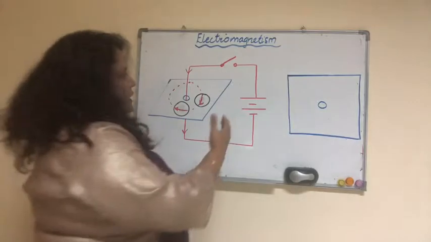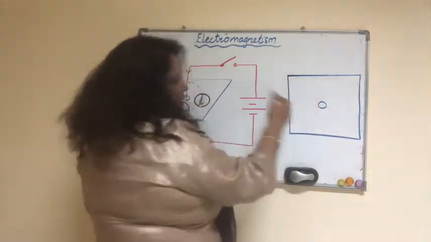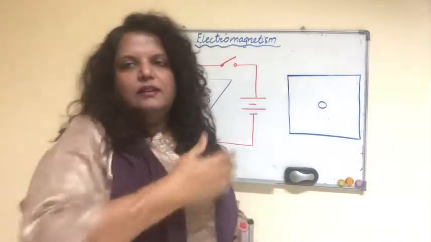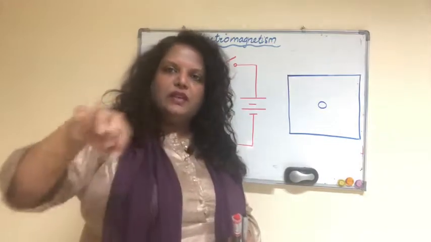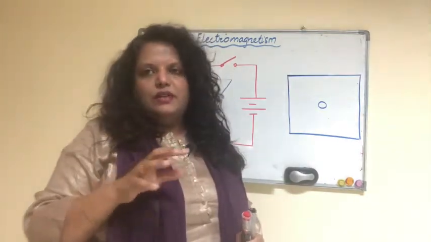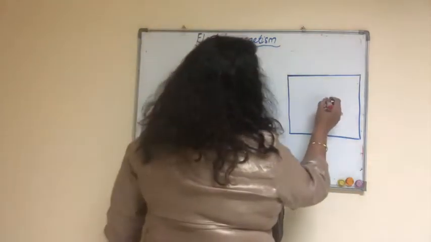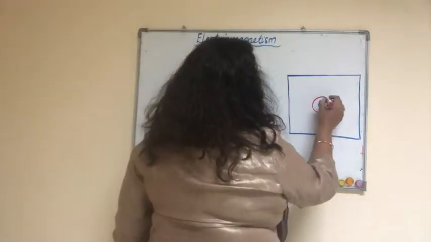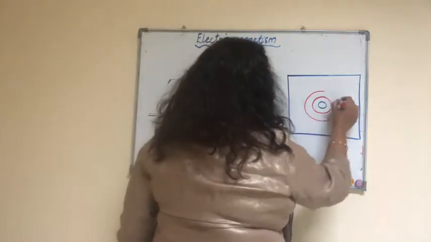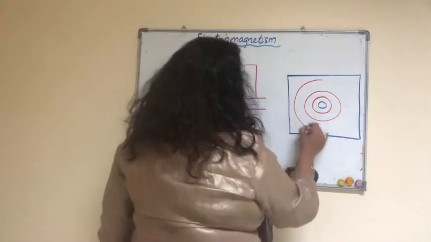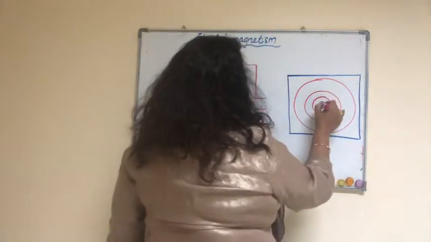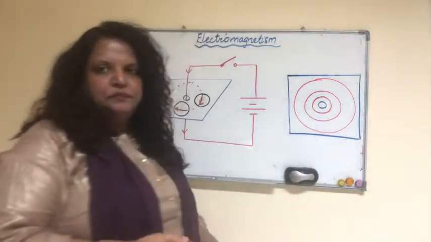Now, if you want to fill in the entire magnetic field on the card, if you're placing it at different points, connecting them, and trying to trace the complete pattern, finally you will end up with a series of consecutive circles with this as a center point.